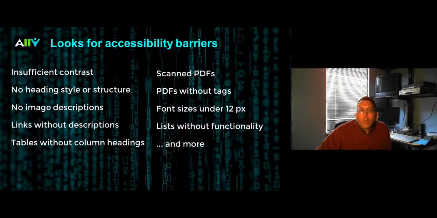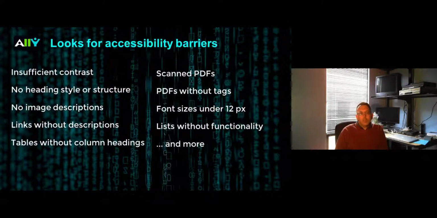And what Ally does, it looks for barriers to accessibility. So these are some of the major things that Ally looks for: insufficient contrast, no headings in your document, no structure, images without descriptions, links without descriptions, tables without column headings. It's looking for scanned PDFs.